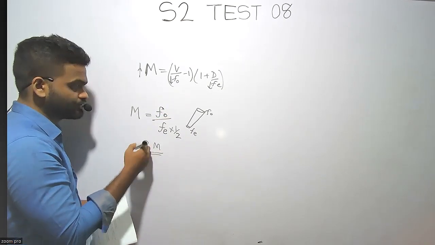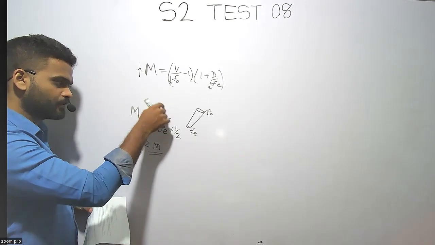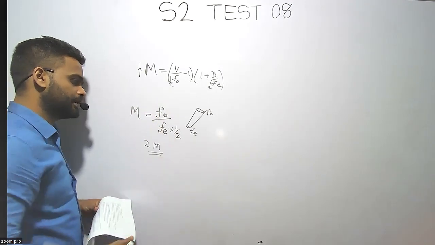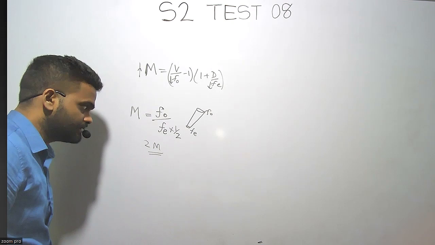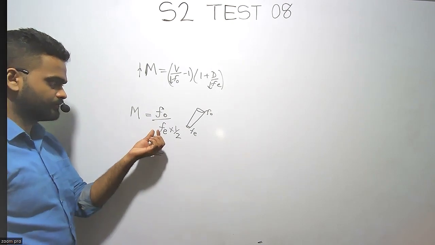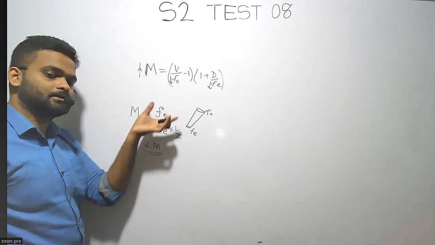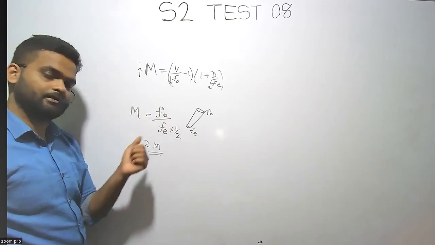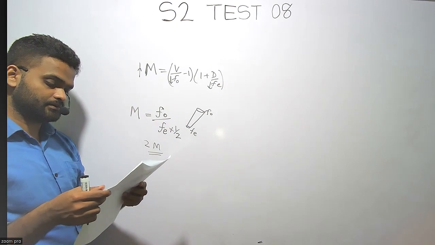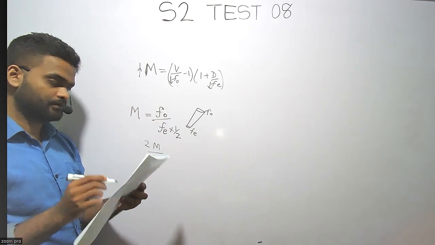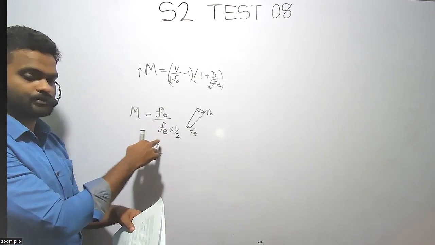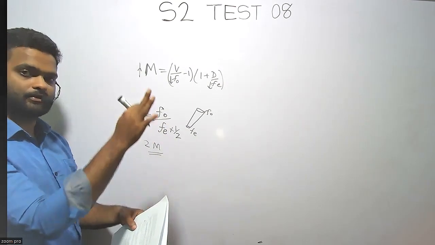So obviously it should be 2M. f0 does not change, but the focal length of the eyepiece is halved. So the whole thing gets doubled, right? Because this is at the denominator. So the answer should be the fourth one. You should be able to do stuff like this, right? Without writing too many equations.